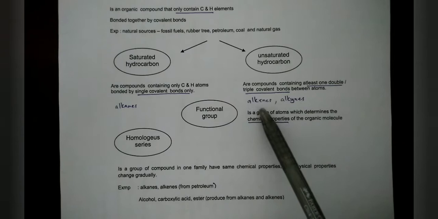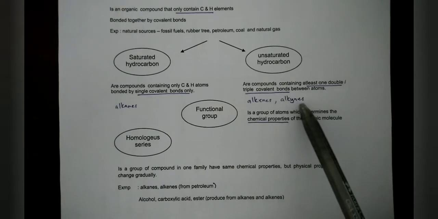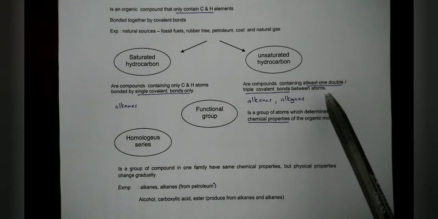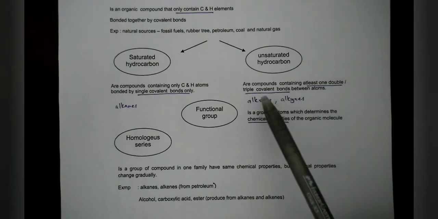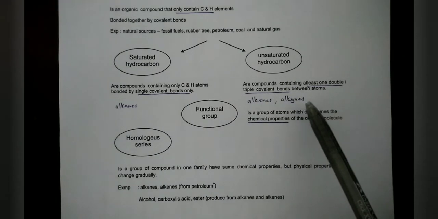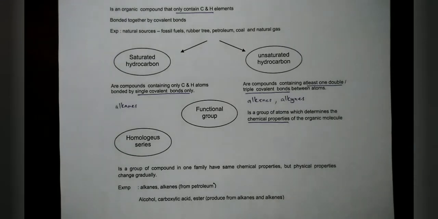In one molecule of alkenes that contain or bonded by at least one double covalent bond. But in alkynes, we can find at least one triple covalent bonds between carbon and hydrogen atom in one molecule.